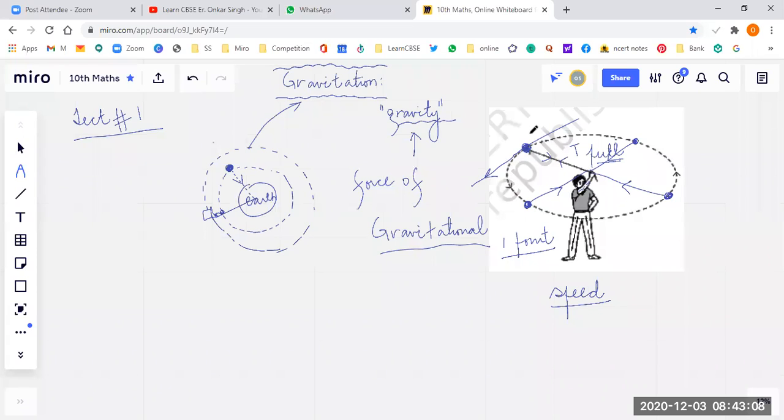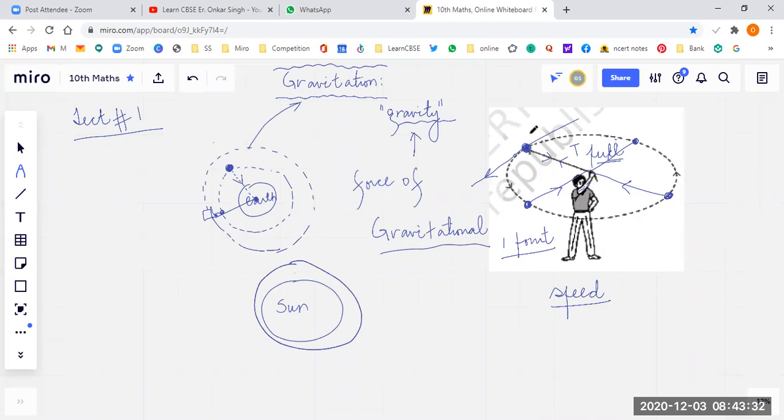So here we define gravitational force. Gravitational force is not only exercised by the earth on different objects. Rather, the gravitational force is exercised by the sun on all the planets moving around the sun in different orbits.